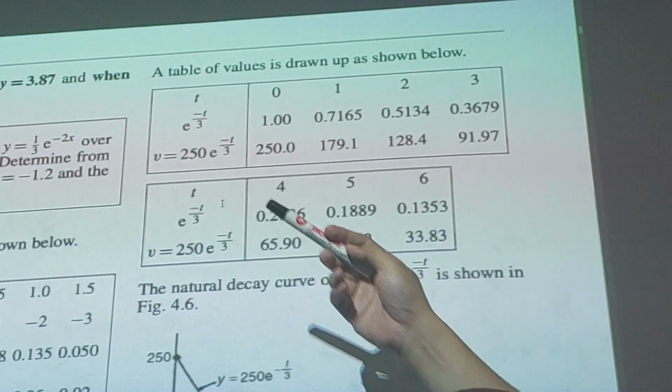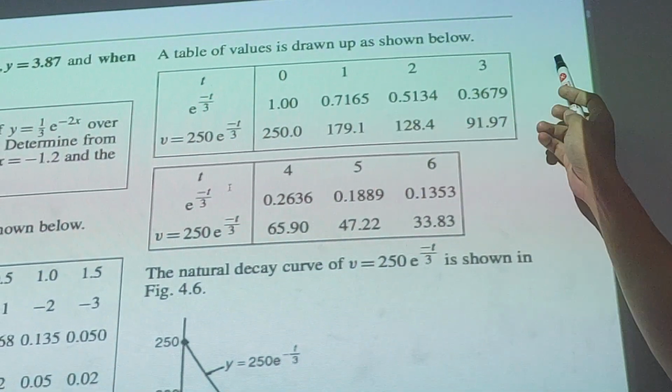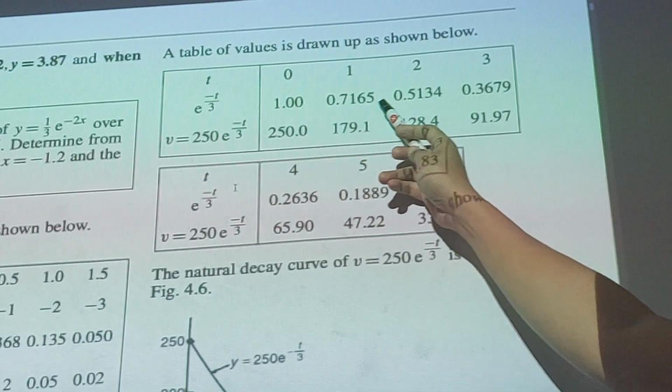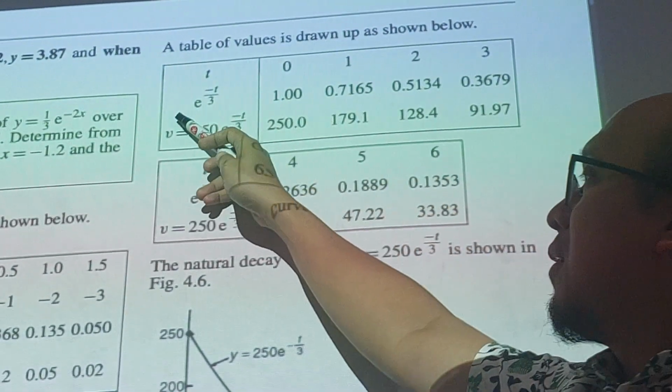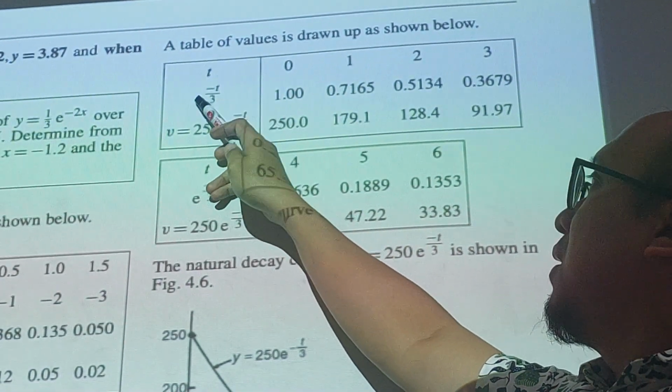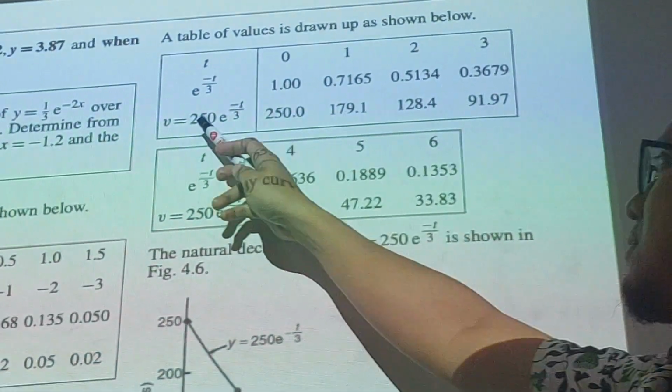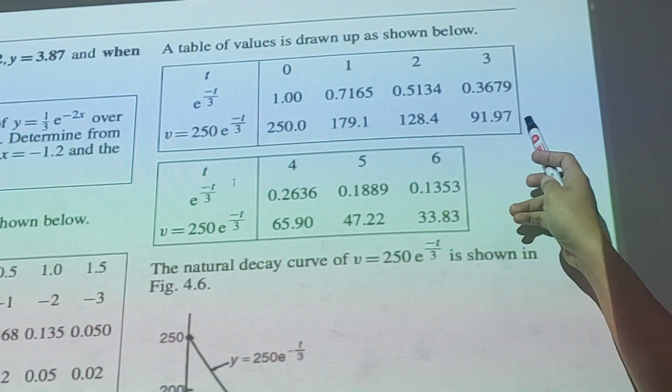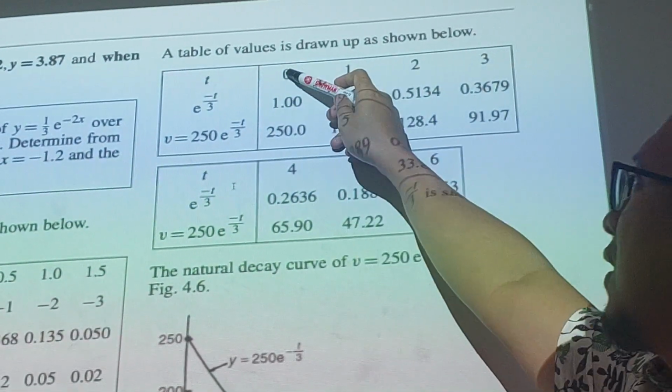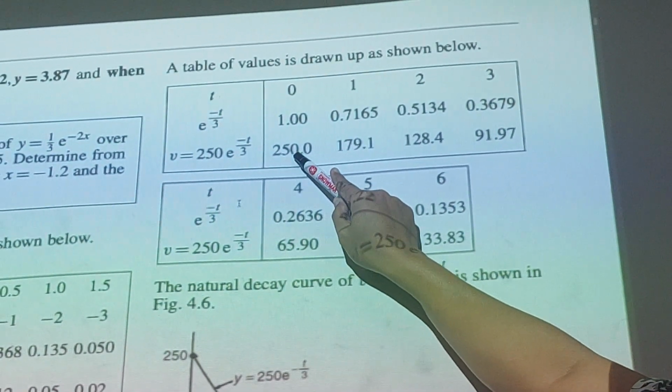First, you make a table of all the times and calculate all the values for e to the power of minus t over 3, and this is the result. For the initial time, the voltage is 250.